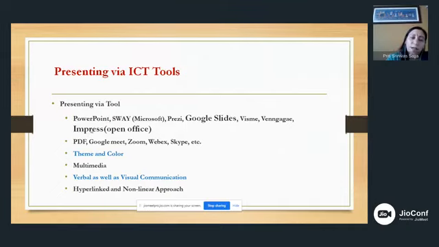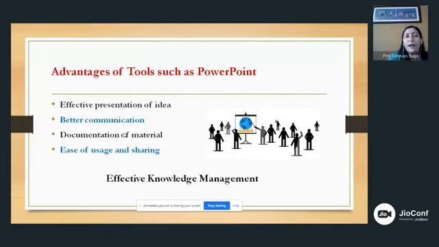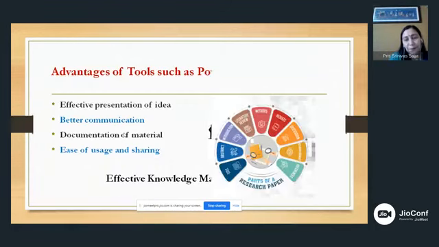In Microsoft here also, so many software are there, so all this software we can utilize. And there are a lot of advantages like effective presentation of ideas, better communication, documentation of material, etc. So effective knowledge management is there when we are utilizing tools such as PowerPoint.